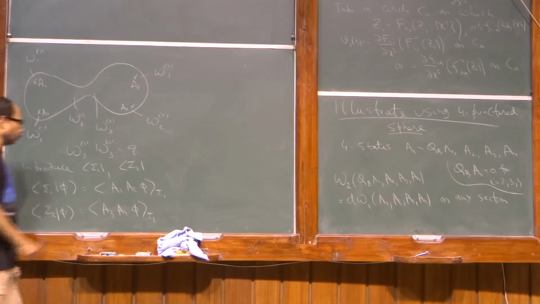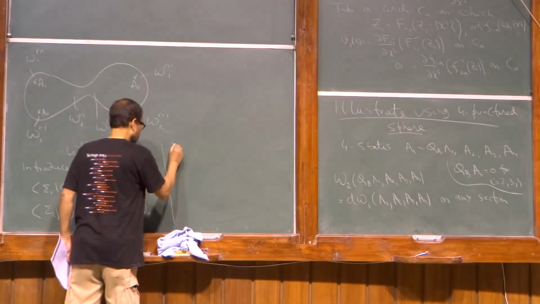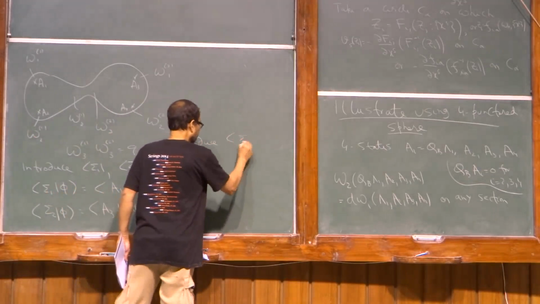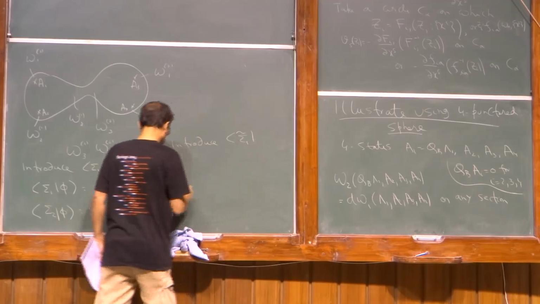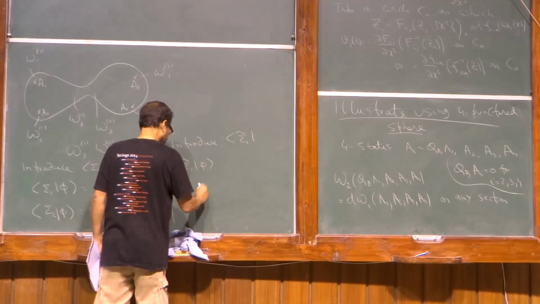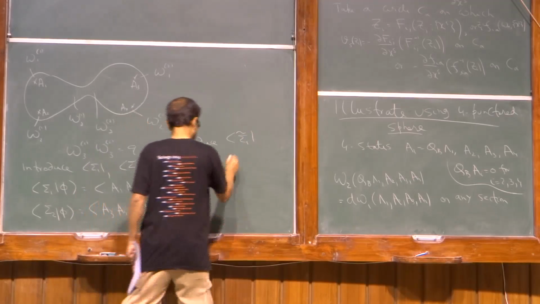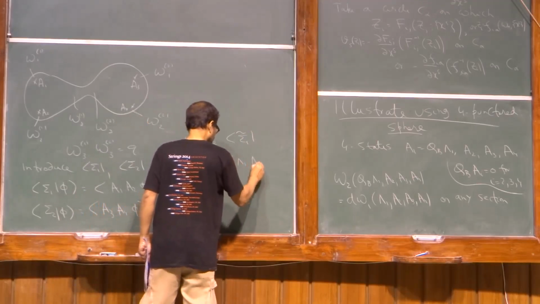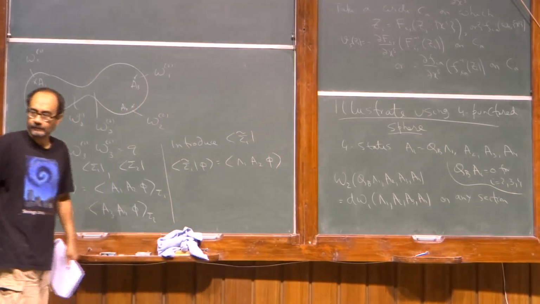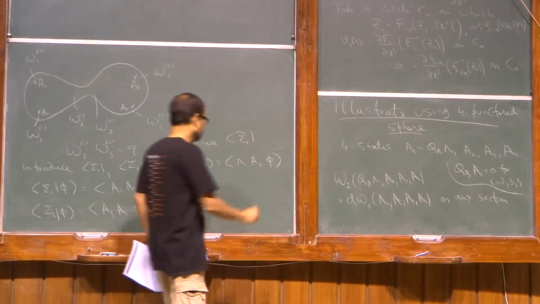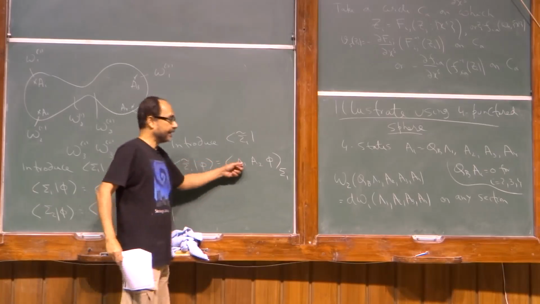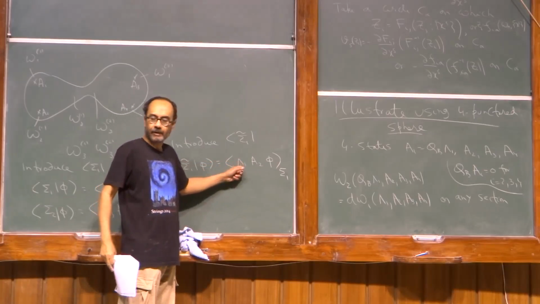I'll also introduce sigma 1 tilde. Sigma 1 tilde phi will be lambda 1, A2, phi, with the same local coordinates as sigma 1; the state A1 has been replaced by lambda 1.